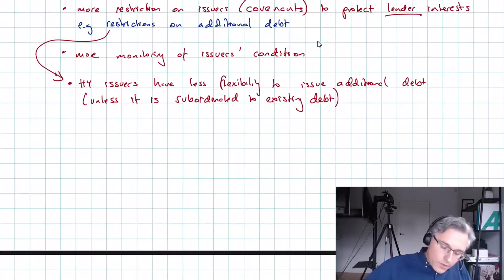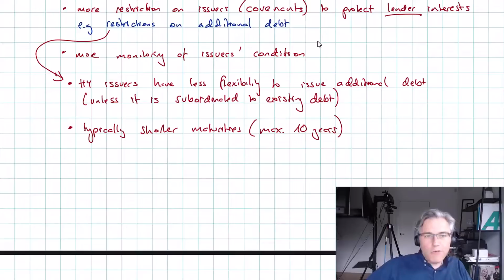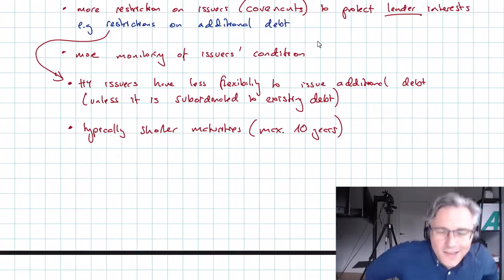What is more? Typically, the maturities are shorter, of course. Maximum something like 10 years, whereas the high quality borrowers can issue unsecured debt for much longer periods.